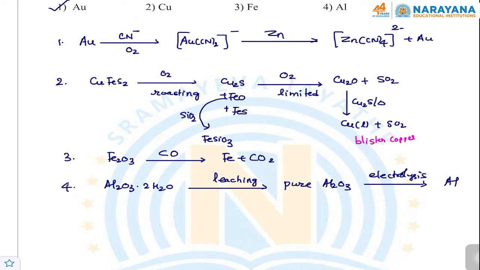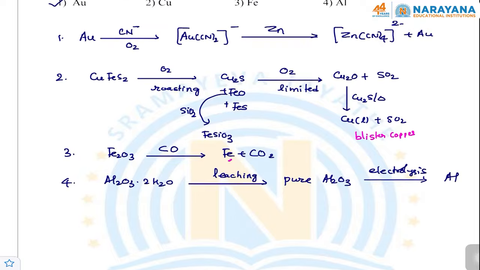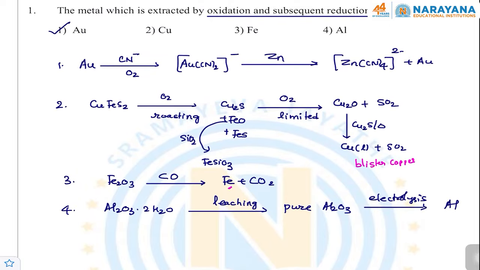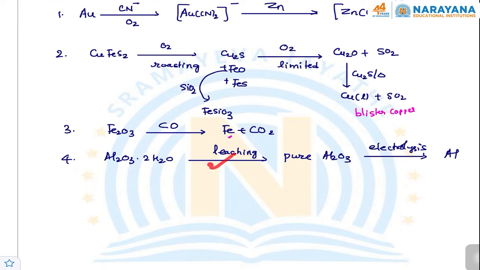Extraction of iron involves concentration and the reduction by carbon. So chief reducing agent here is carbon monoxide. Carbon monoxide reduces Fe2O3 to Fe. Then Al2O3, aluminium extraction is done using bauxite. Bauxite is subjected to leaching.